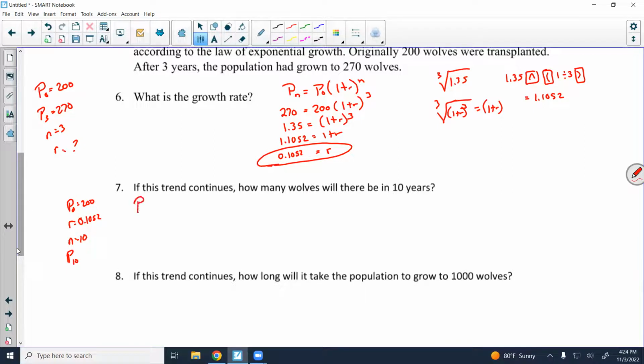So using my formula, P sub 10 equals P sub 0, which is 200, times 1 plus R, which is 0.1052, to the nth power, which would be 10. I have 200 times 1.1052 to the 10th power. Again, 1.1052 caret 10.